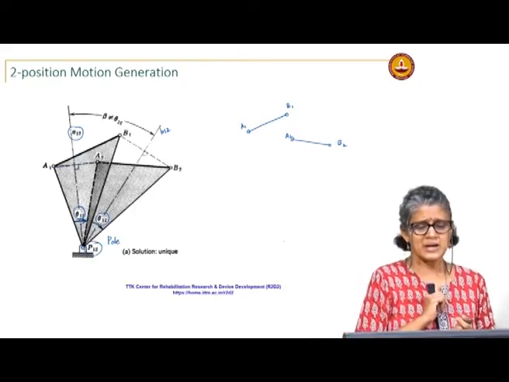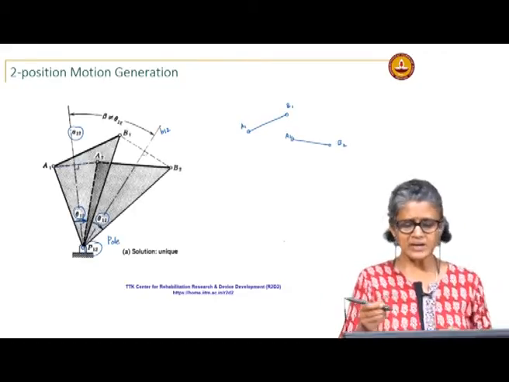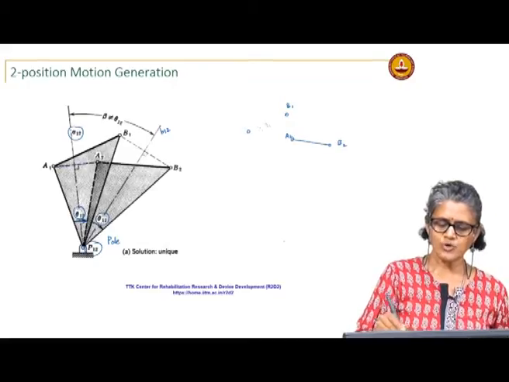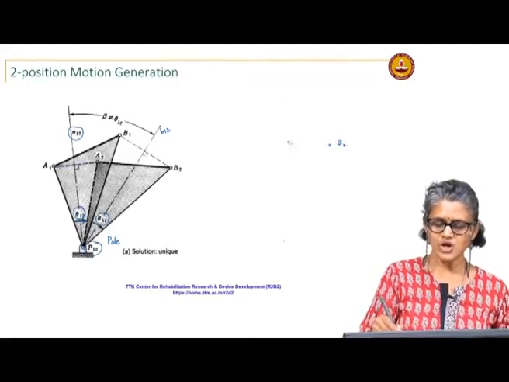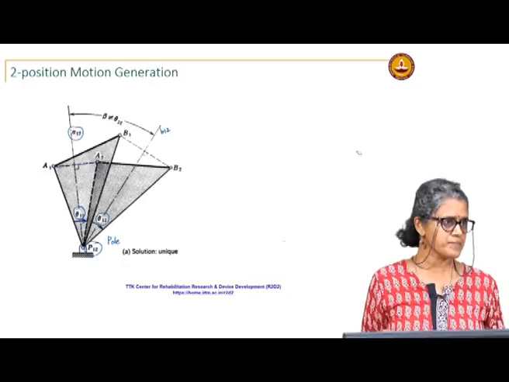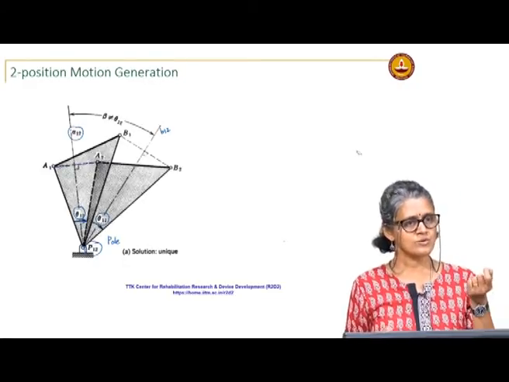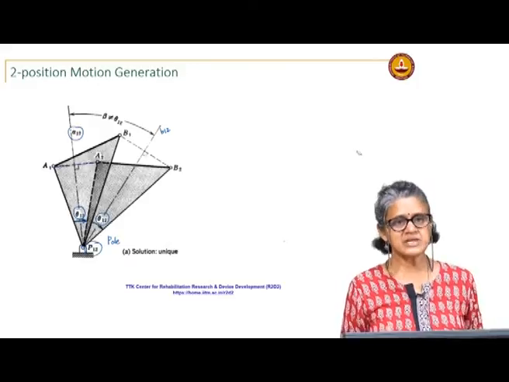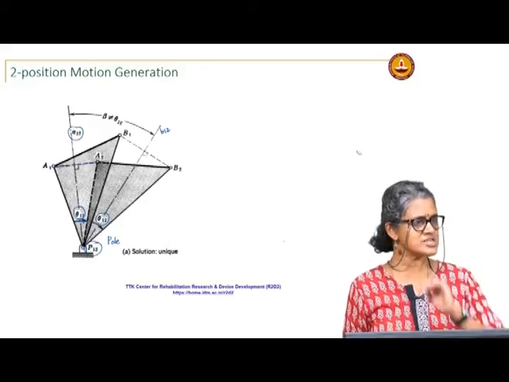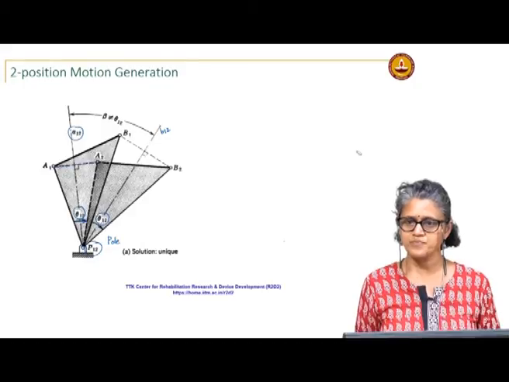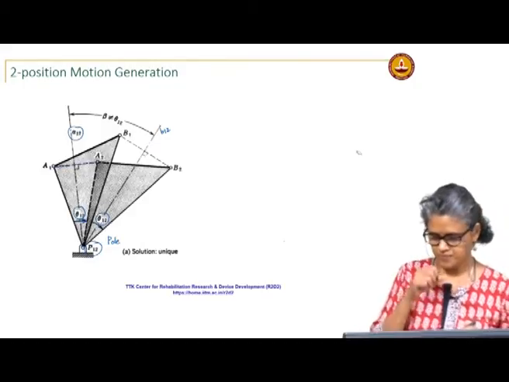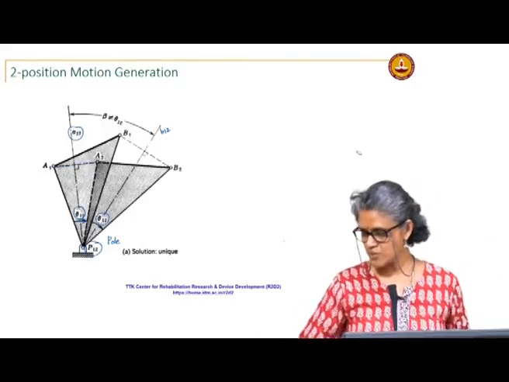Okay. But in many cases it might happen that the pole is in a location that is not really accessible. So, it may not be possible to locate the pole and pivot it at the pole in order to achieve these two positions. Okay. So, in that case what do we do?